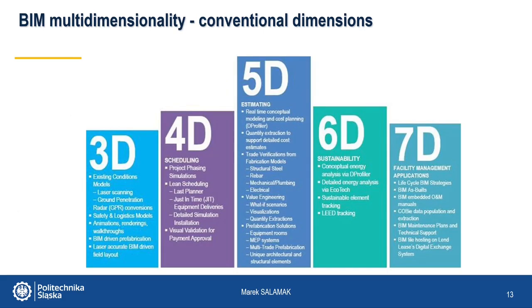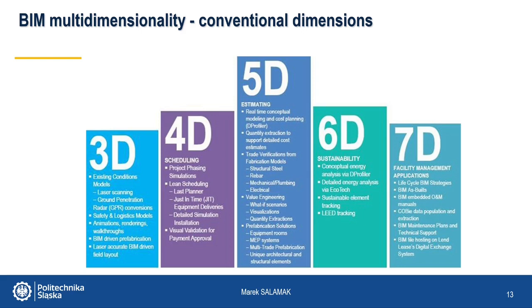The literature often points to the multidimensionality of BIM models, which is treated symbolically and conventionally. It results from the possibilities that these IT models hide. How should this be understood?